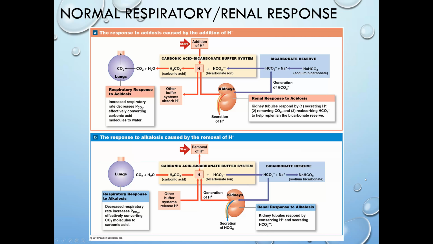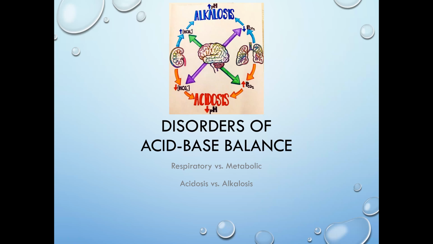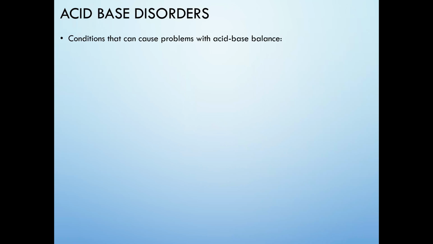And now we'll look at disorders of acid-base balance. So we'll talk about respiratory versus metabolic disorders and acidosis versus alkalosis. So conditions that can cause problems with acid-base balance include any disorder that affects the buffer systems, the respiratory performance, or renal function.